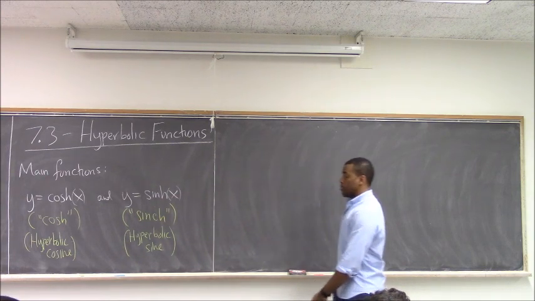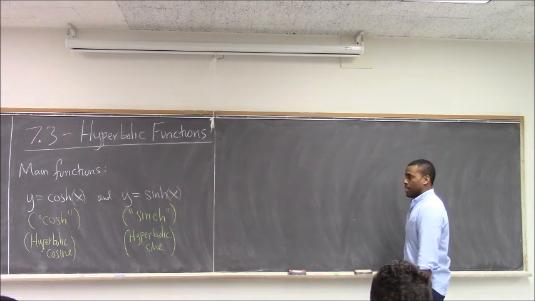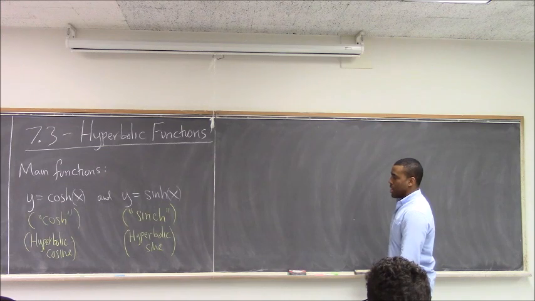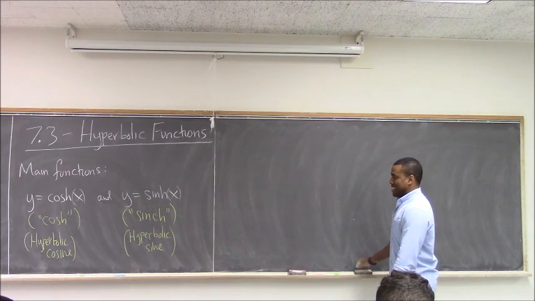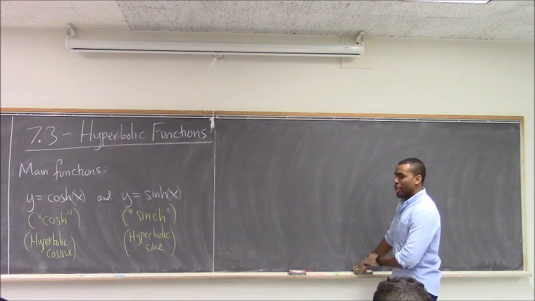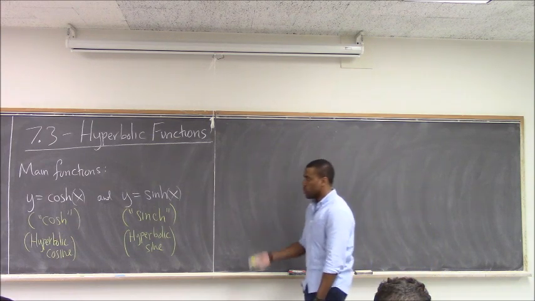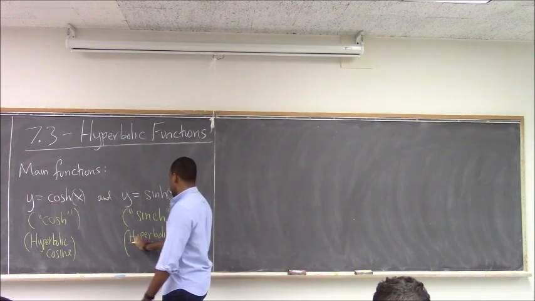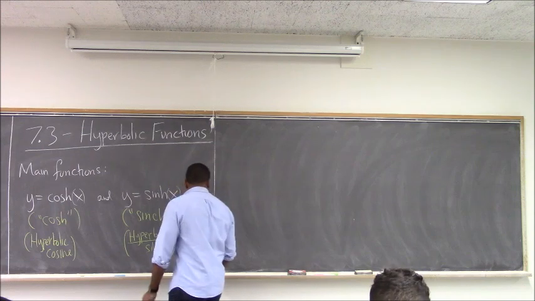Now, if you go far in math, if you're a math major, you're going to see the word hyperbolic. It's kind of like a hyperbole. It's very funny that the word hyperbolic can mean all sorts of things. Like they'll throw out the word hyperbolic for all sorts of stuff. But here, the word actually makes sense because it actually comes from a hyperbola.